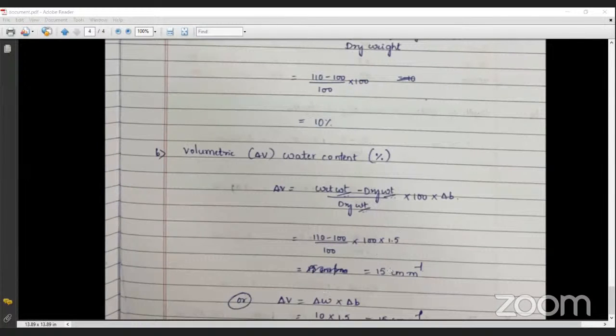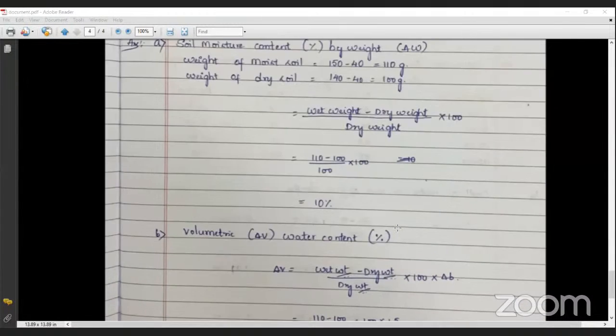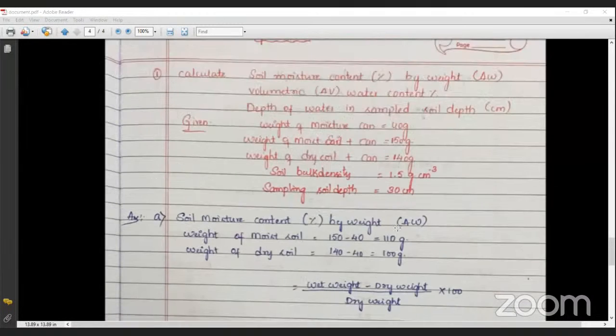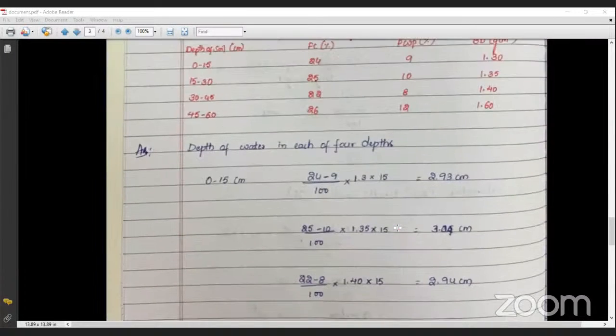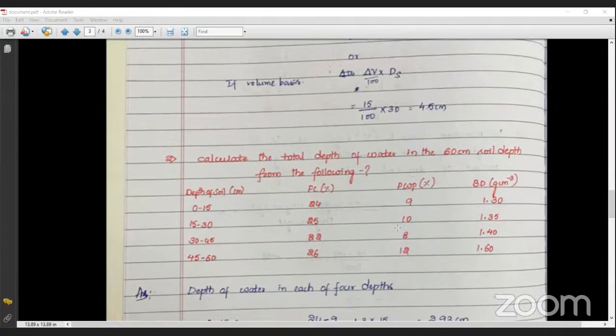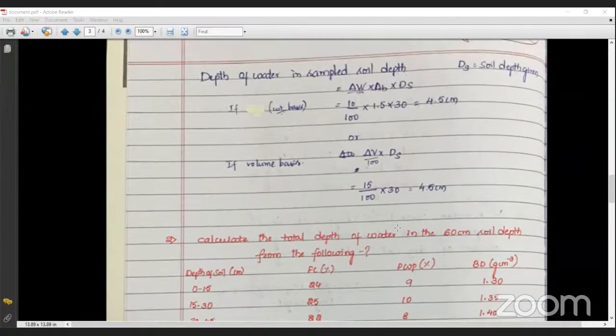Then if the water content is not there, what is the delta V value? That is delta W into delta B, which also gives 15 centimeter. It is not at all required. Next, what you require is the depth of water in the sampled soil depth. What do you mean by sampled soil depth?